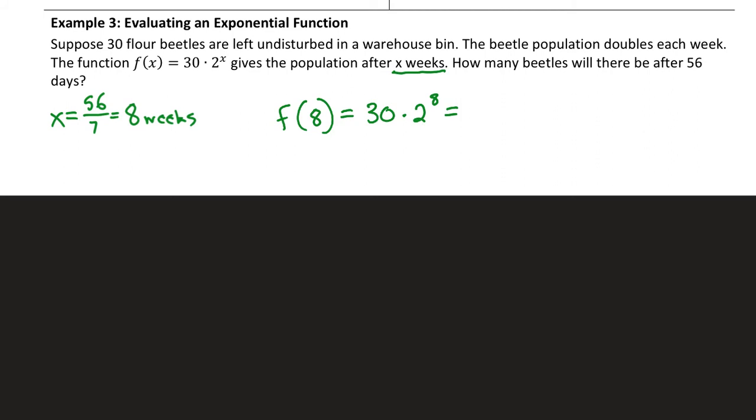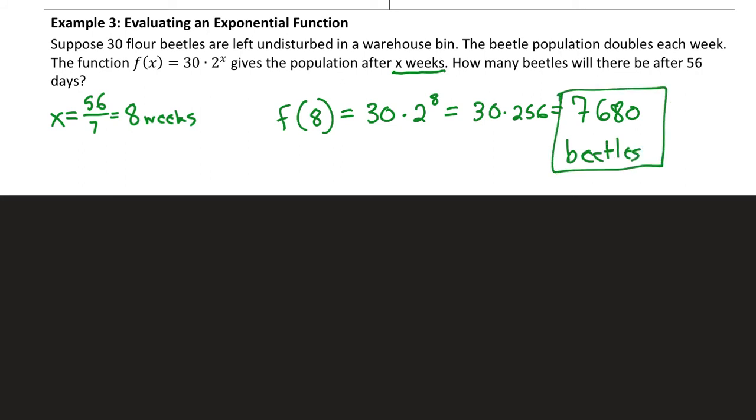Figure out what that is. That's 256. So this becomes 30 times 256 equals, then I will multiply 256 by 30. So that would be 7,680. And I want to write beetles. I want to have the right units when I finish this problem. So use order of operations. Raise the power first, then multiply. So order of operations, do the exponent, then the multiplication.